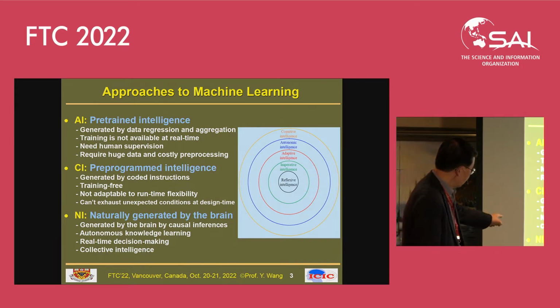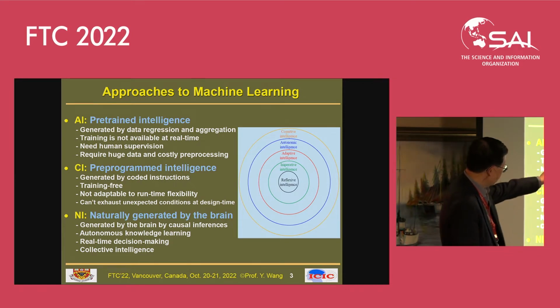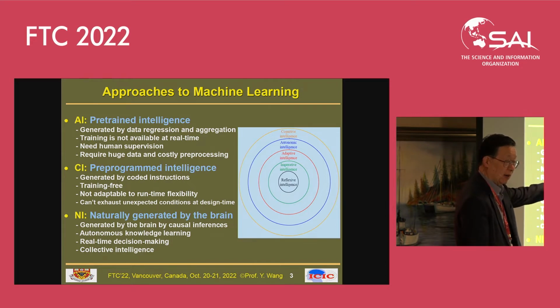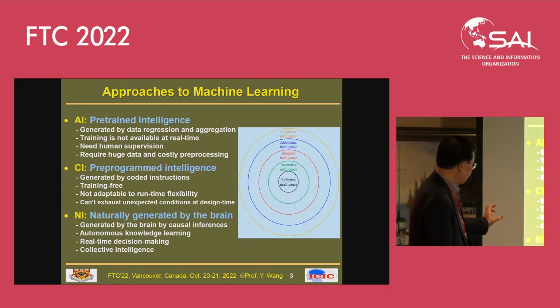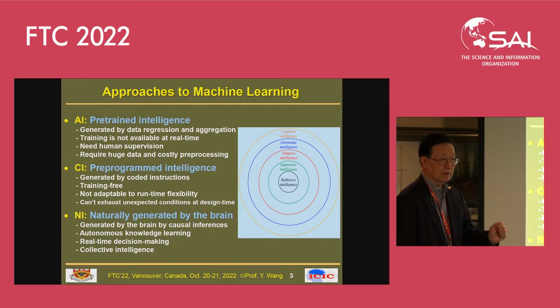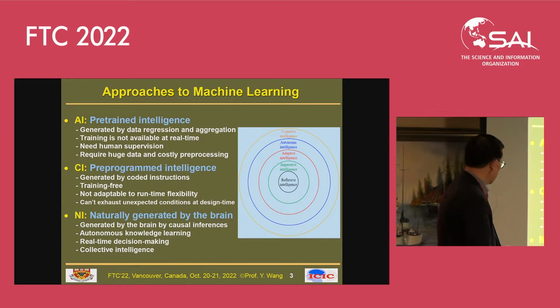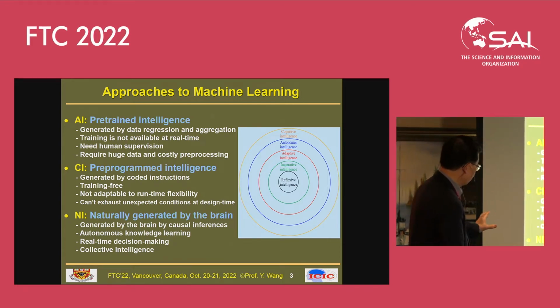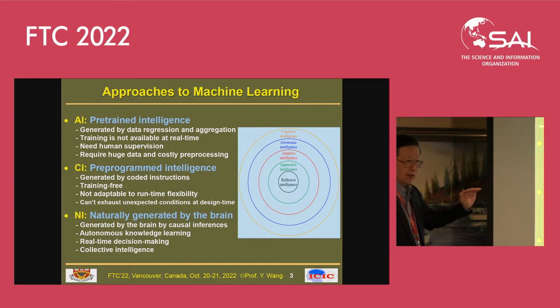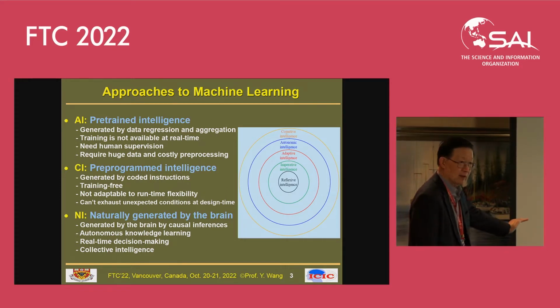Human intelligence, we would call it natural intelligence. Natural intelligence has a number of higher layers, because we have real-time decision-making capability. Much of what we do is internal reasoning. It is autonomous.